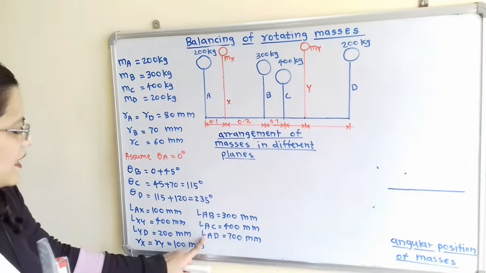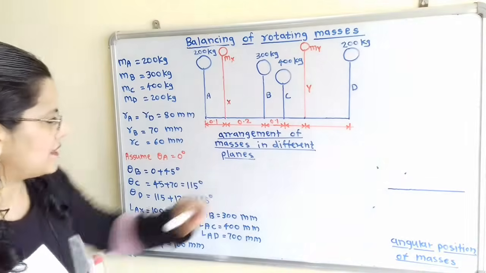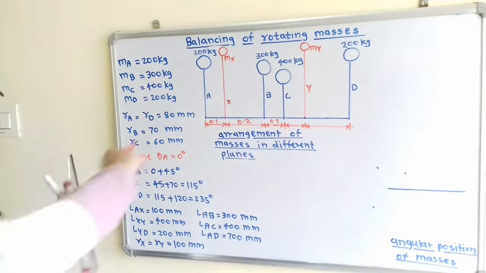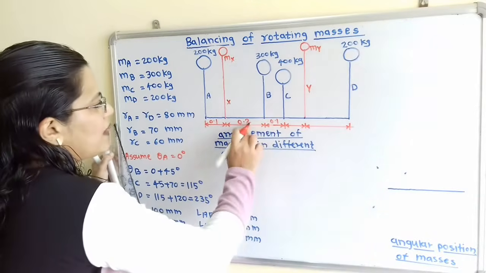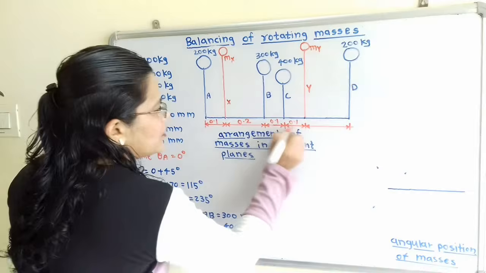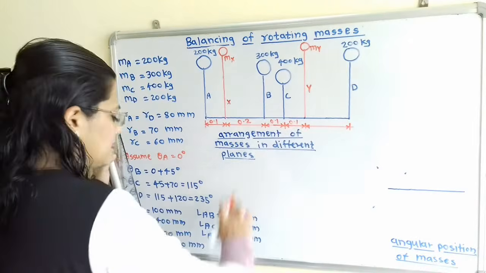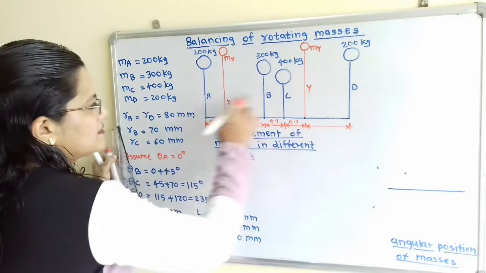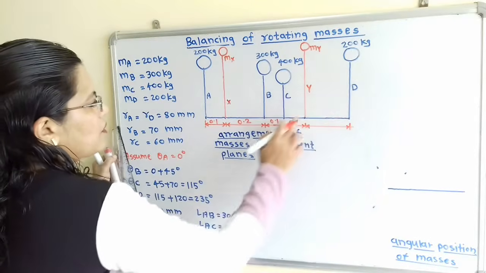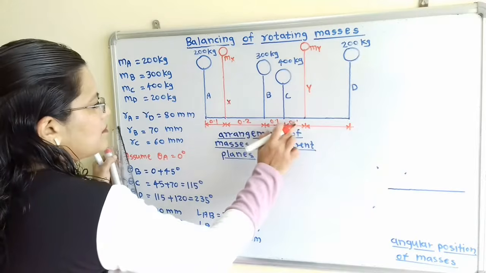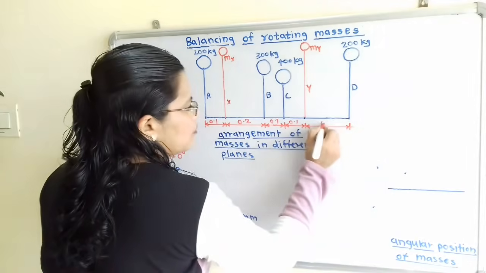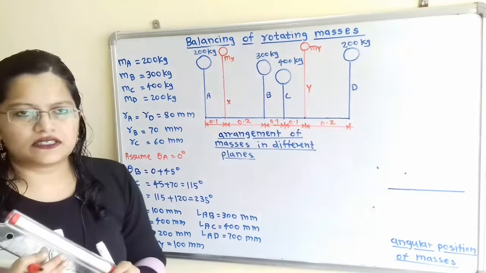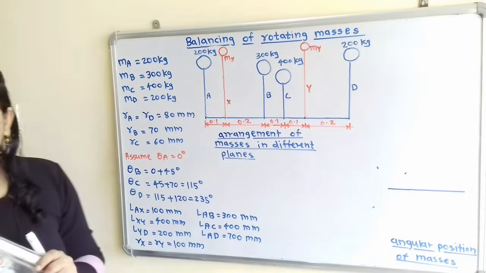Then in between A and D it is 700, and in between X and Y it is 400, that is 0.4. So 0.4 minus 0.3 is 0.1, and the remaining is 700, that is 0.7, because the A and D distance is given. So 0.7 minus (0.1 plus 0.2 plus 0.1 plus 0.1), remaining is 0.2. In this way we have to mention the distance. Now this diagram is getting completed.